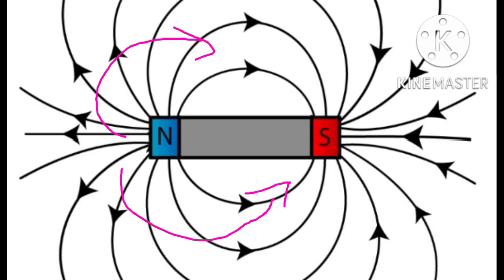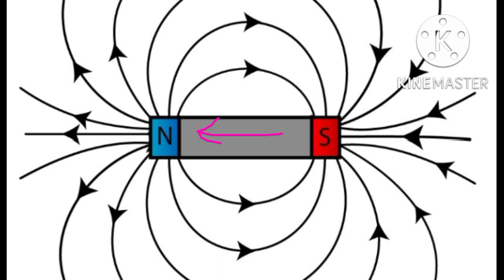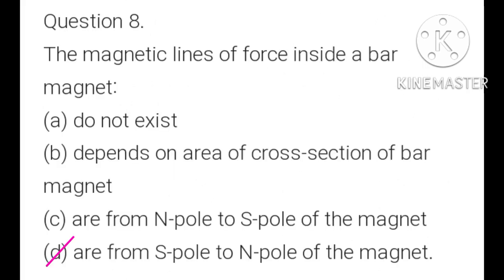You can see in this figure the magnetic field lines outside the magnet go from north to south pole, whereas inside the magnet they go from south to north pole. D is the correct option. The magnetic lines of force inside a bar magnet are from south pole to north pole of the magnet.